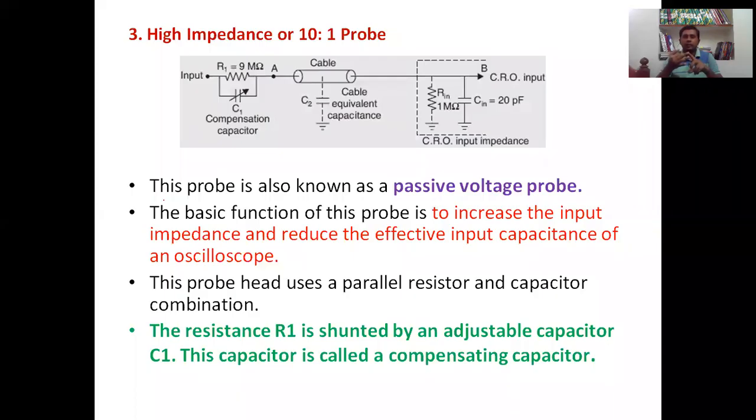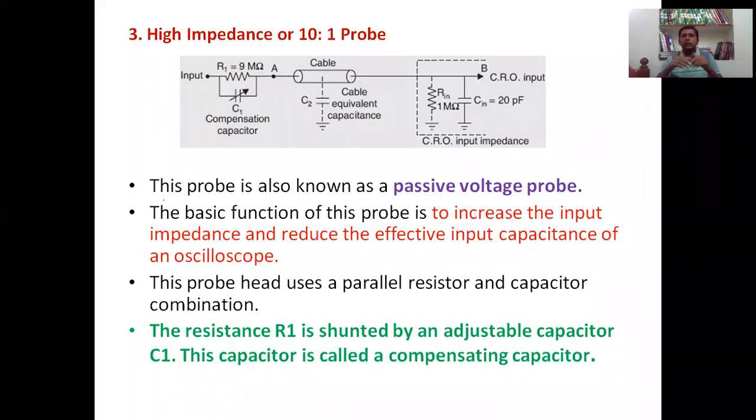And it should have a high input impedance to avoid the loading effects in the circuit. And the basic structure of the CRO probe also, we have the general structure. And the basic attributes: the ease of connection, it should have noise immunity, right? So these points also we covered in this class.